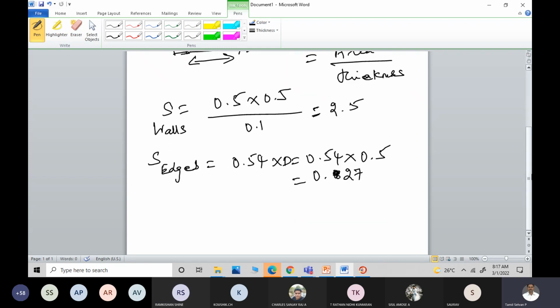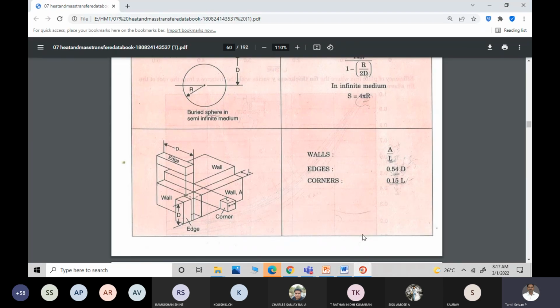Now, similarly for corners. How many corners will be there? 8. Please take your room. Edges, corners. Engineering graphics, I don't know what you studied in first year.